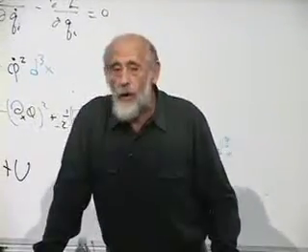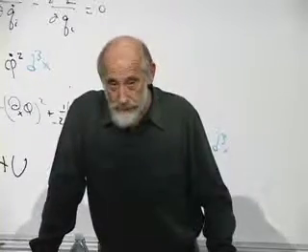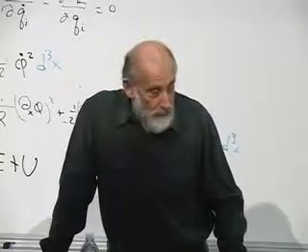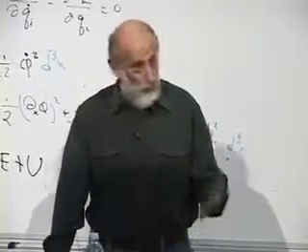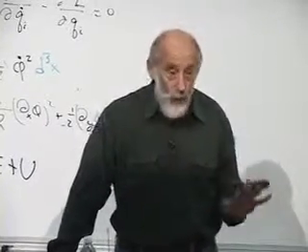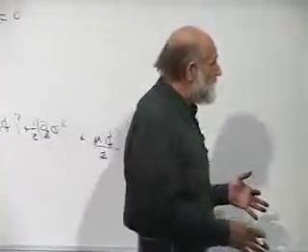Now, conjugate momenta may not look at all like what you're ordinarily accustomed to thinking of as momentum. It's a mathematical definition of something which, for certain situations, looks like ordinary momentum, but may or may not have a familiar connection with mass times velocity.